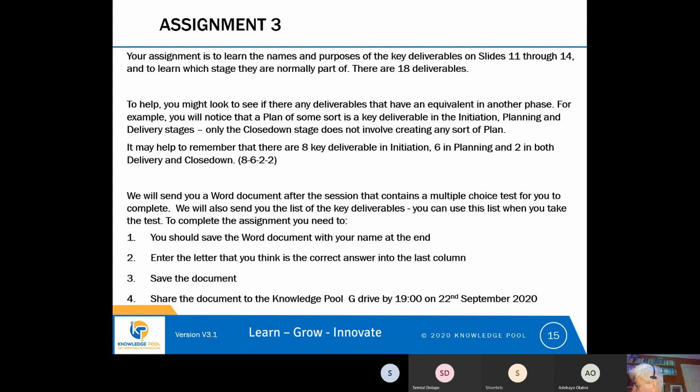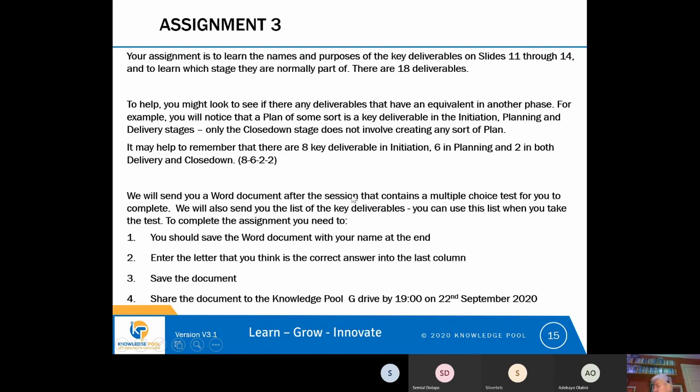So apologies for that. I will look on Thursday. I'm busy tomorrow, but I will look on Thursday to see what assignments are there. So you actually have another 24 hours to get those assignments in if you want the marking. So that was assignment 3.